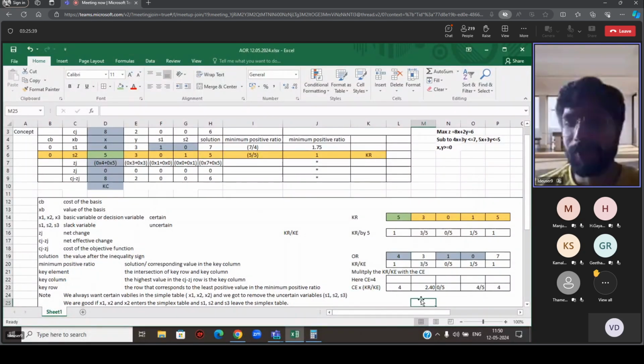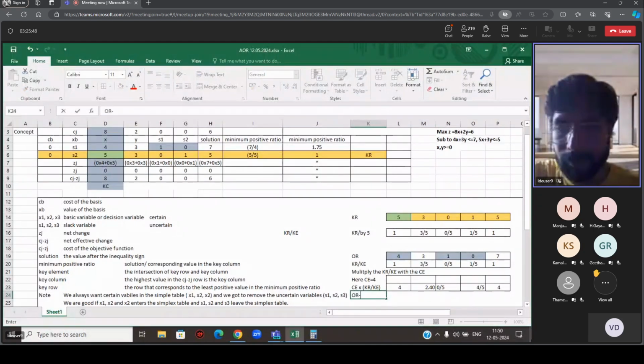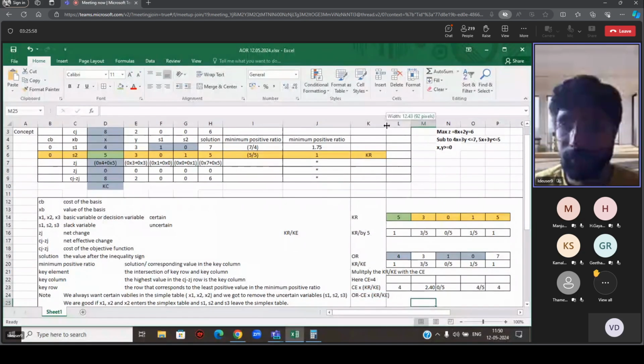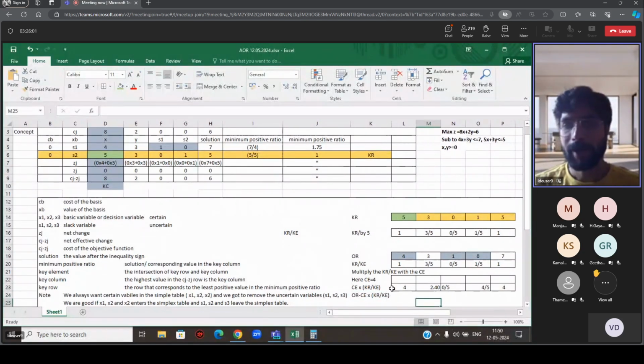Then after that, you just have to subtract both. Which one? Whole row minus this one. I'll put it here: old row minus CE into KR by KE.